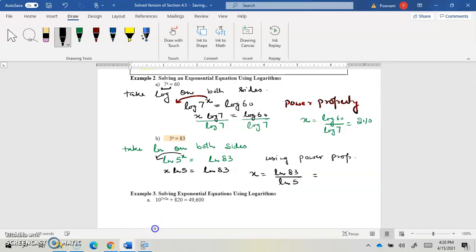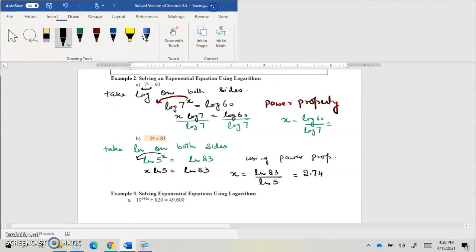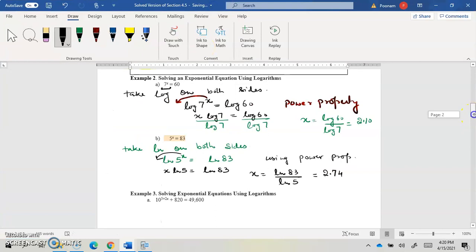We can use the calculator for that. 2.74. So the answer to this problem would be 2.74.